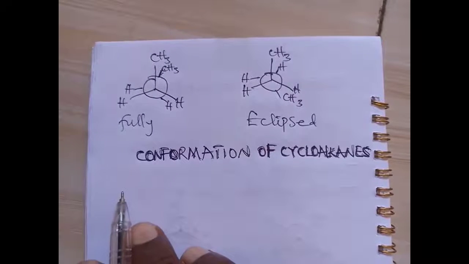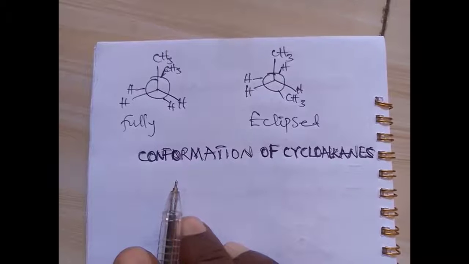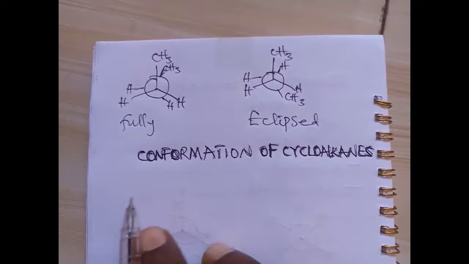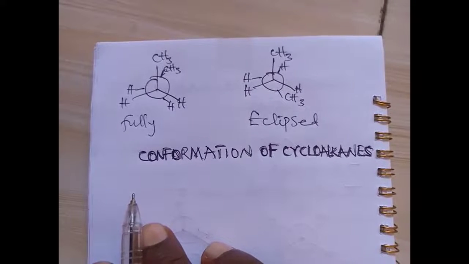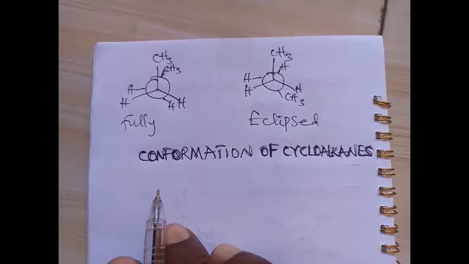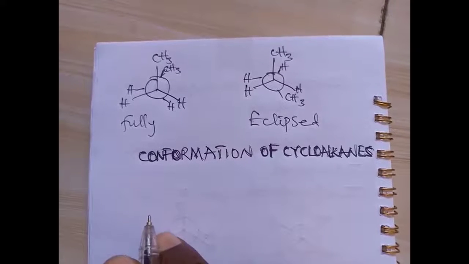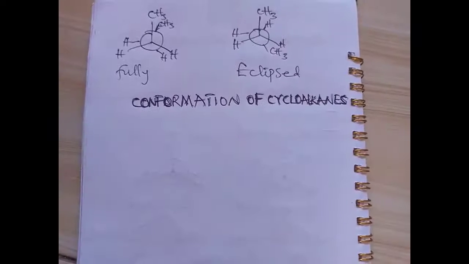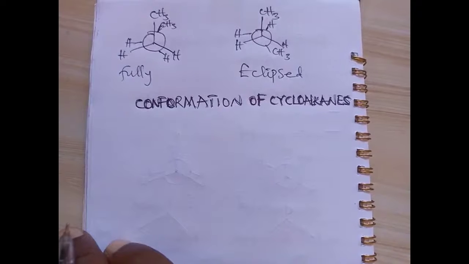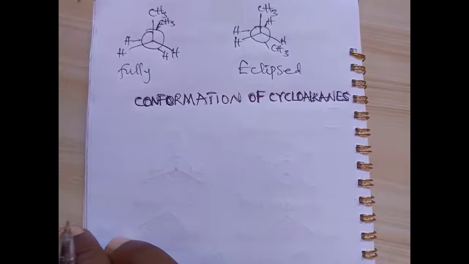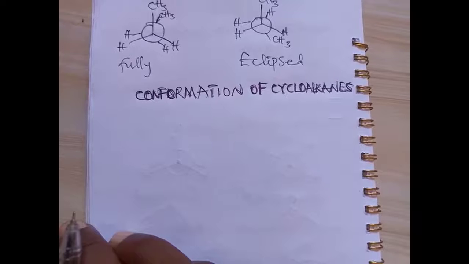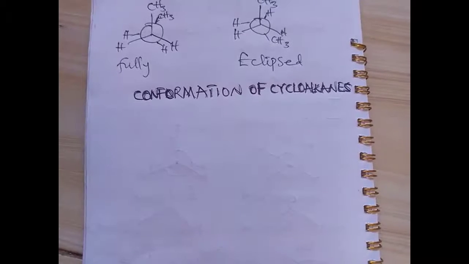Now we look at conformation of cycloalkanes. In organic chemistry, six-membered rings are more common than other rings, or even any size. And because of that, we'll be using cyclohexane to explain the conformational features of cycloalkanes.